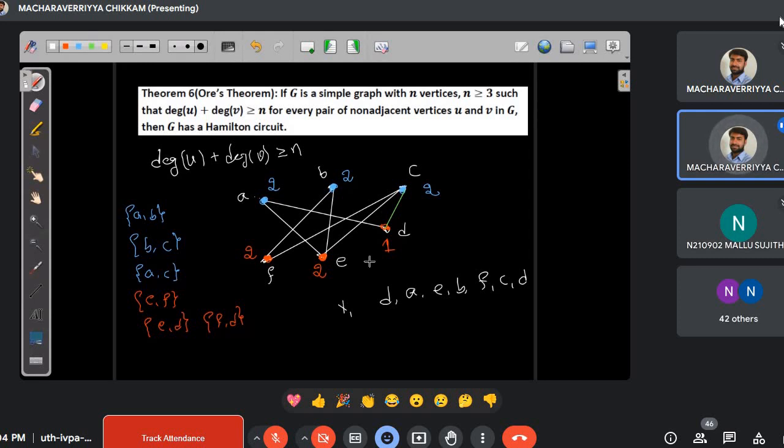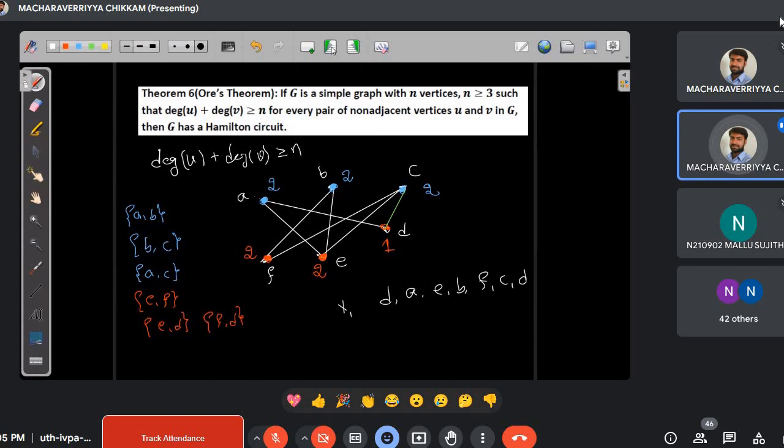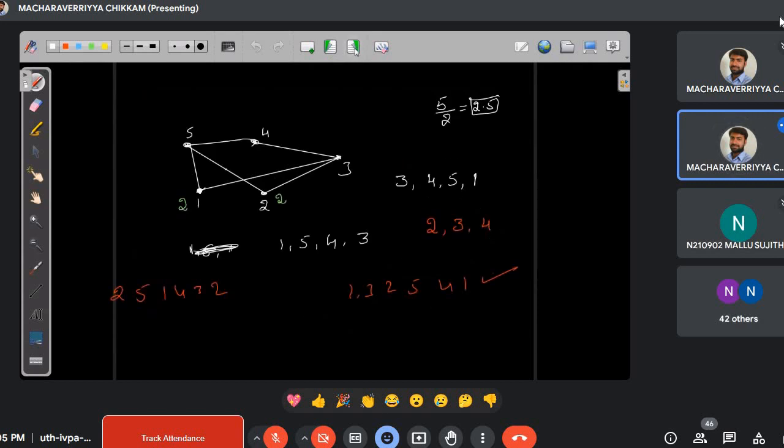Even if the graph has a Hamilton circuit, we cannot say that it satisfies this condition. So Ore's theorem is a sufficient condition, but not a necessary condition. This is named Ore's theorem. And how about the previous theorem, Dirac's theorem? All right.